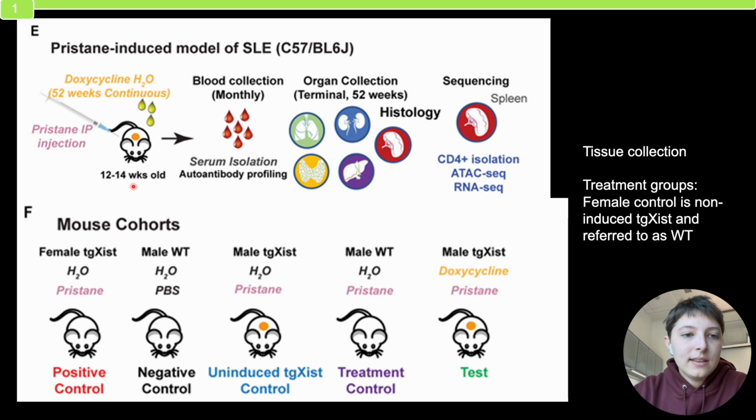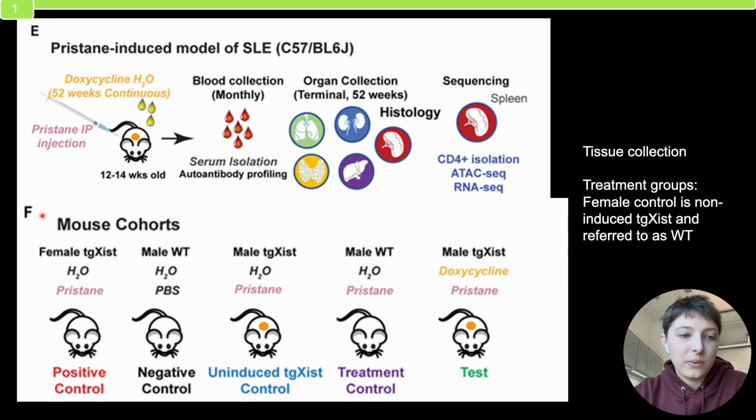So they collected blood, which then they'll do antibody profiling, and then collected the organs, and they did sequencing. So they did an ATAC-seq, which is to identify chromatin states, and then RNA sequencing to identify what's being expressed.